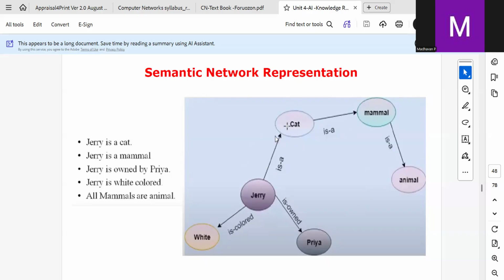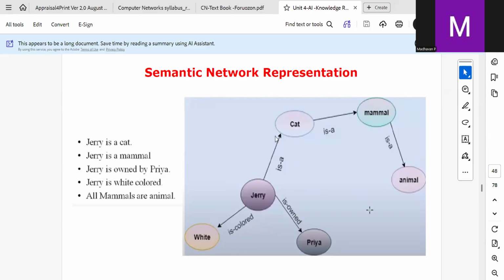Now, from this diagram, we can deduce that it is a cat, and a cat belongs to mammal, and mammal comes in the animal family. So, for each of these nodes, there is an is-a relation, and this Jerry is owned by Priya, and it is white in color. So, some of the attributes that we can represent for this character are kind of the relations.